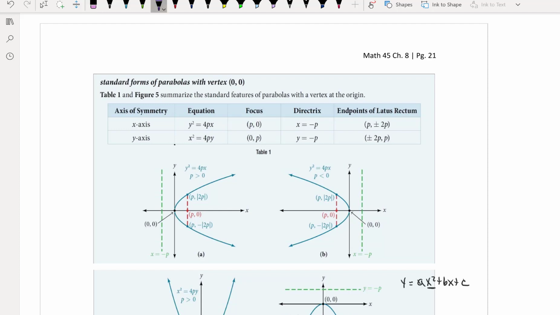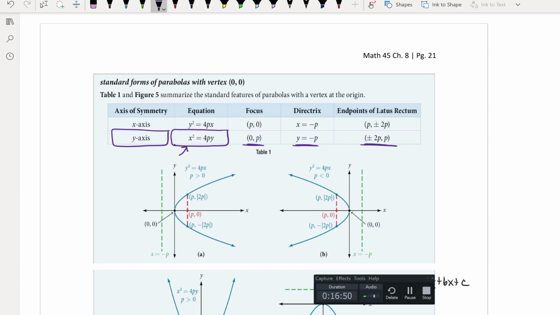So now that I have the x squared, I'm particularly looking at this one because the x is squared. So this is going to give me my axis of symmetry, my foci, my directrix, and my endpoints as well. So I'm going to go ahead and copy that down into that second part, to kind of have it as an outline.